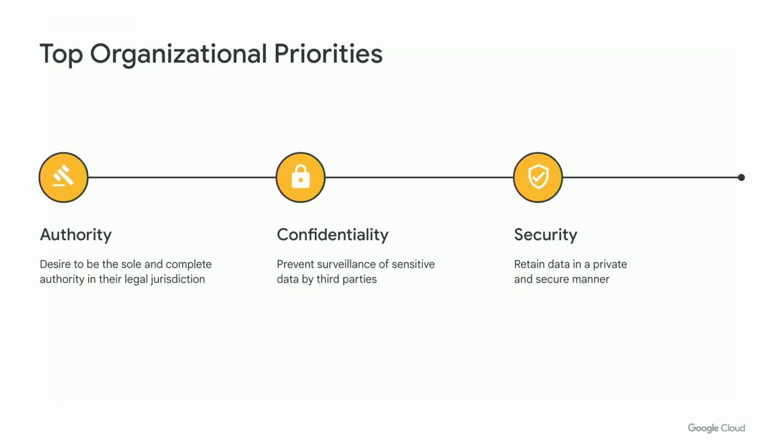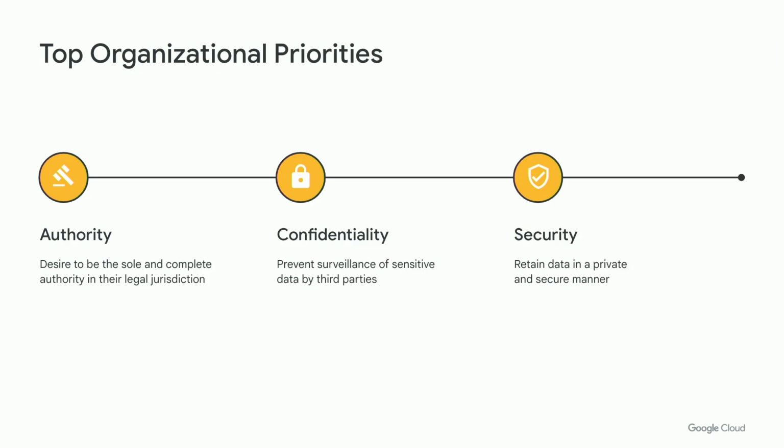Let's get started. Digital sovereignty is a topic that's top of mind for many of our customers and governments around the world. When thinking about digital sovereignty, these organizations have three key priorities in mind: authority, confidentiality, and security. When it comes to authority, organizations want to ensure that they have completely unhindered access to their own data within their jurisdiction.